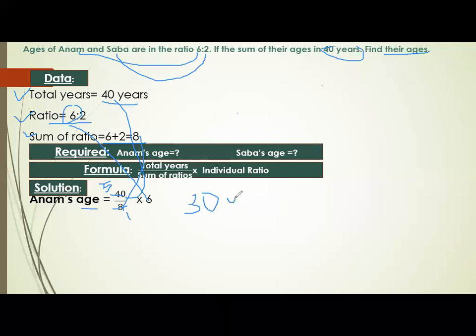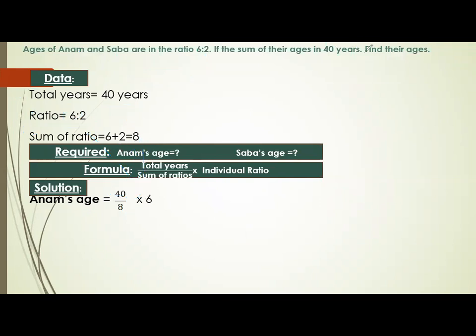So beta, be careful. We can write here 30 years. Anam's age is 30 years. Clear, student?